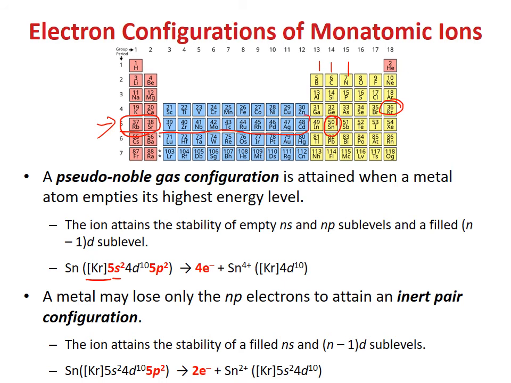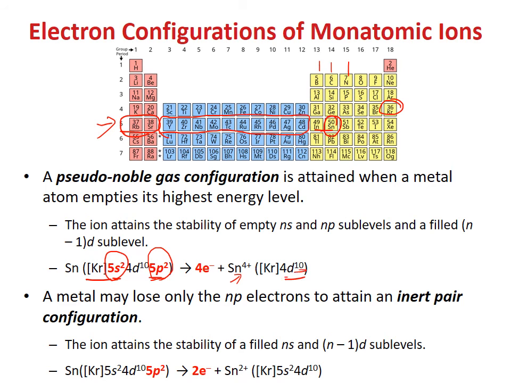So here are the d orbital electrons, and then 2 electrons in the 5p orbital. Now by losing 4 electrons, 2 from the 5s orbital and 2 from the 5p orbital, it gives a cation with 4d10 electrons.